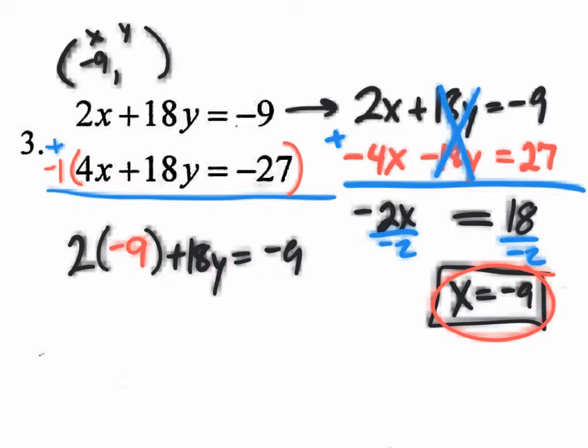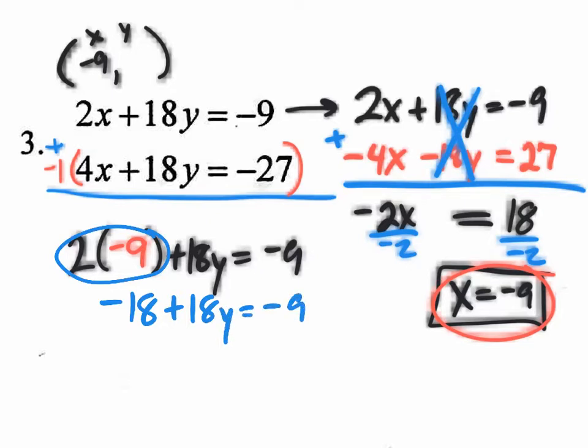And now I'm going to solve this equation. 2 times negative 9, that's negative 18, plus 18y equals negative 9. And then I'm going to add 18 to both sides. So I'm going to get 18y equals 9.